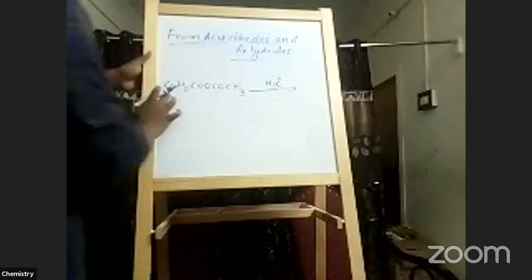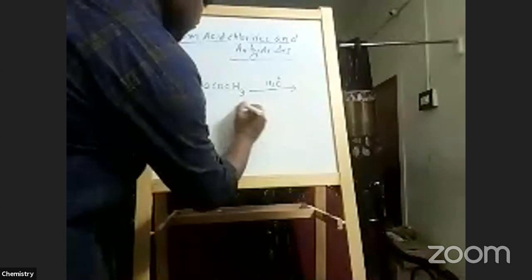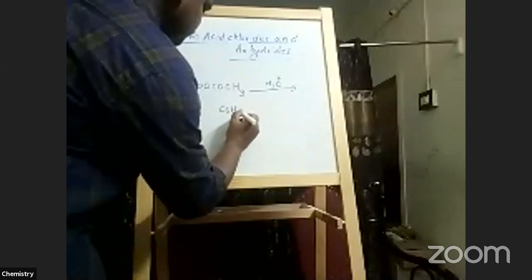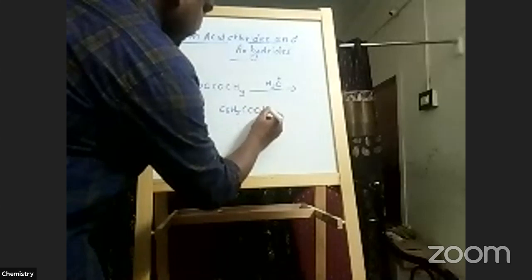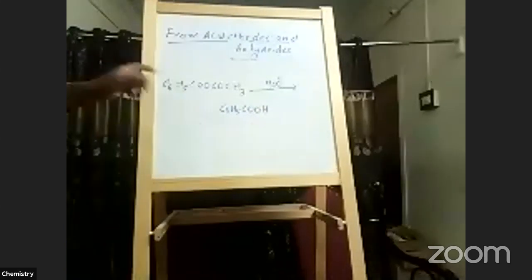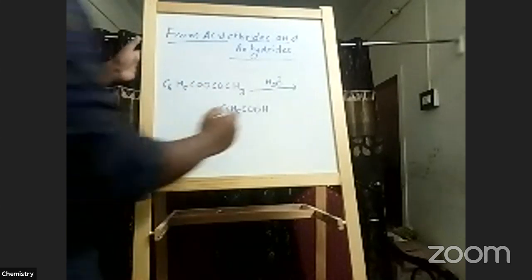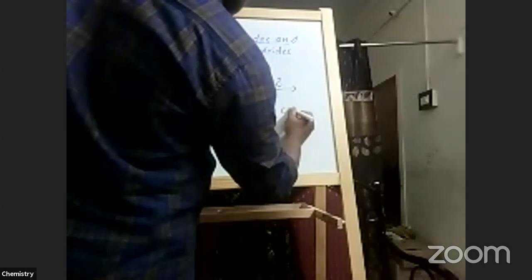Two products we are getting here: C6H5COOH and CH3COOH. That means two carboxylic acids, benzoic acid and the aliphatic acid.